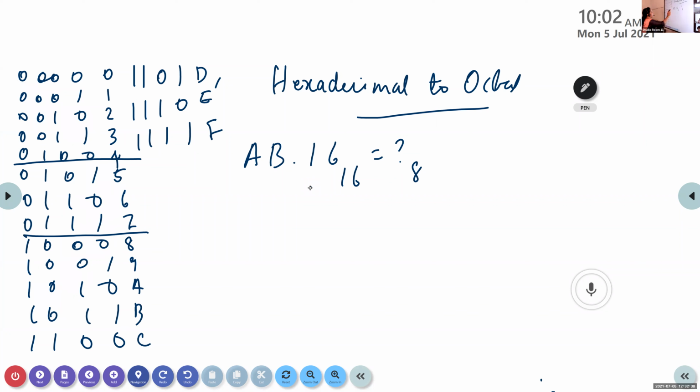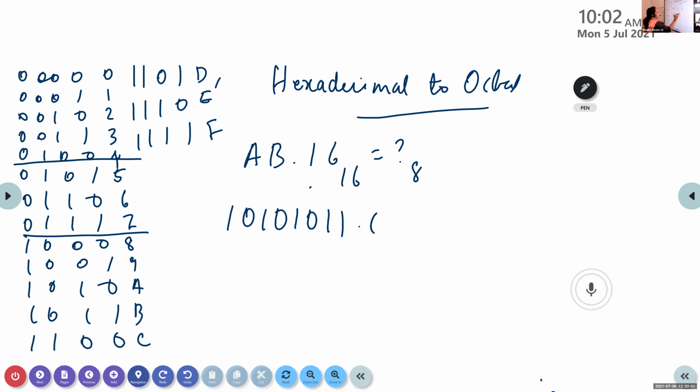What is the equivalent value of A, Vinayak? 1010. What is B, Vinayak? 1011.